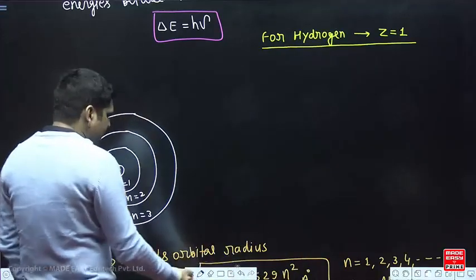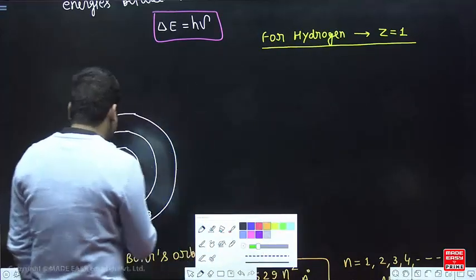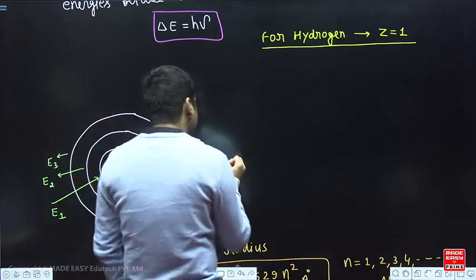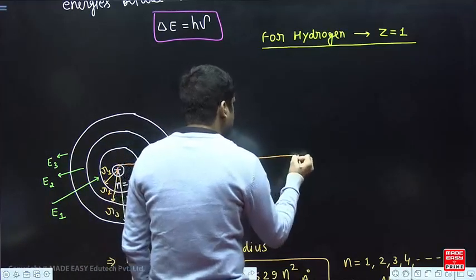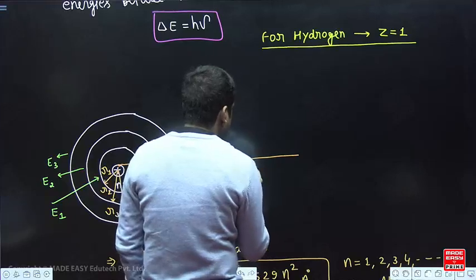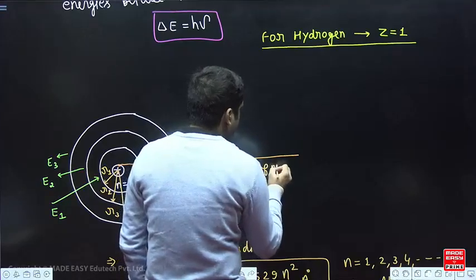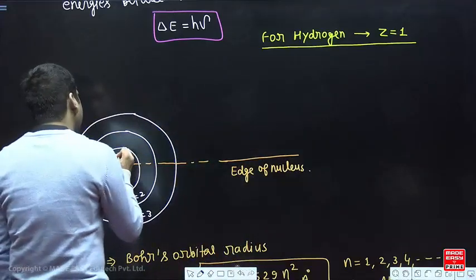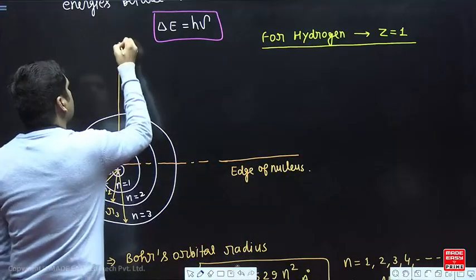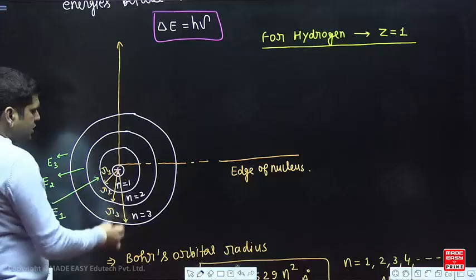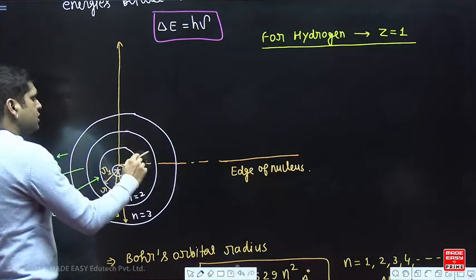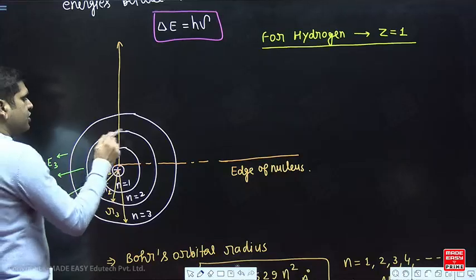Suppose this is the edge of the nucleus. So you draw like this. This point is the edge of the nucleus. And now we are going away from the nucleus. In any direction you go away, either in this direction or this direction, the energy at each point in an orbit is the same.